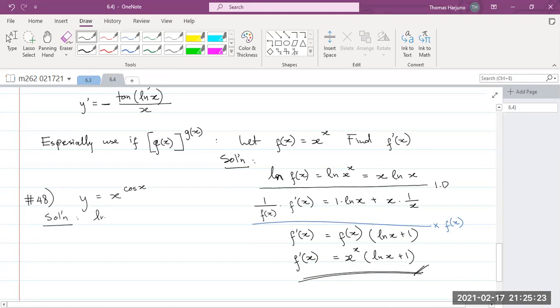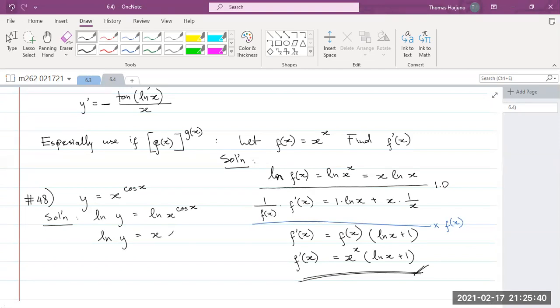Apply natural log first. Now that natural log will change the exponential function into a product of log. That's cosine x times ln x.